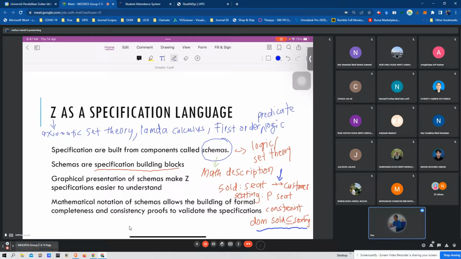The benefit of the mathematical notation of schemas is that it allows the building of formal completeness and consistency proofs to validate the specification. It allows building the formal completeness by reusing functions. Later we will see this.